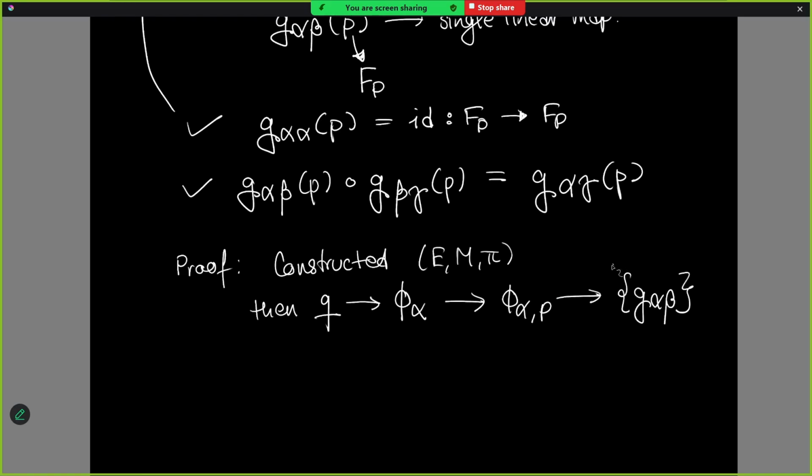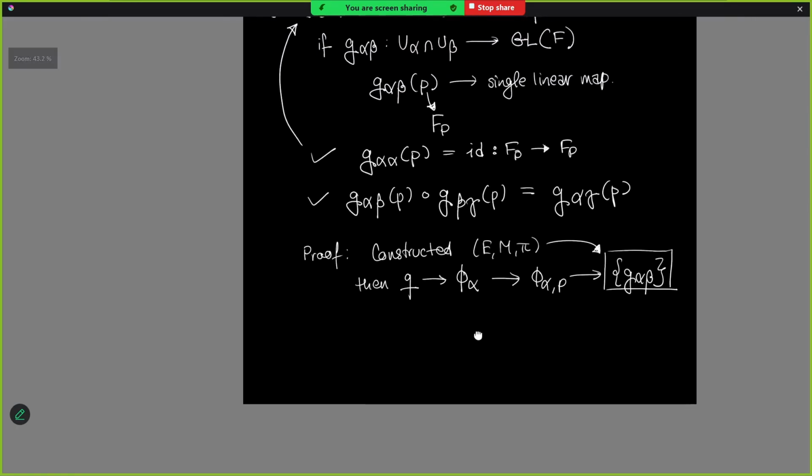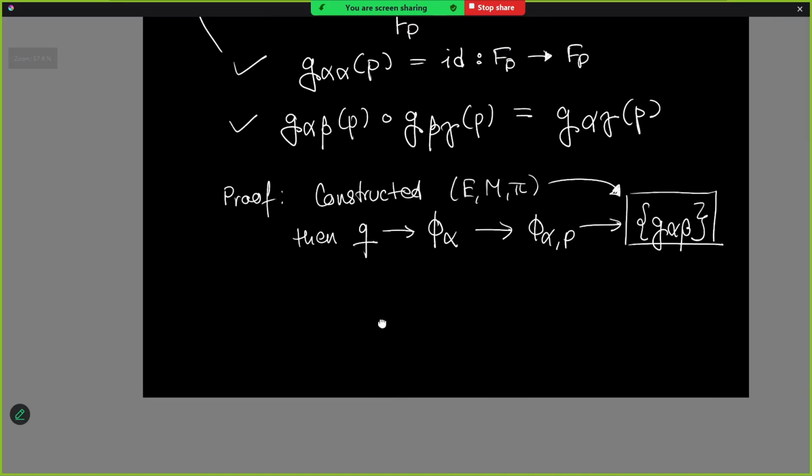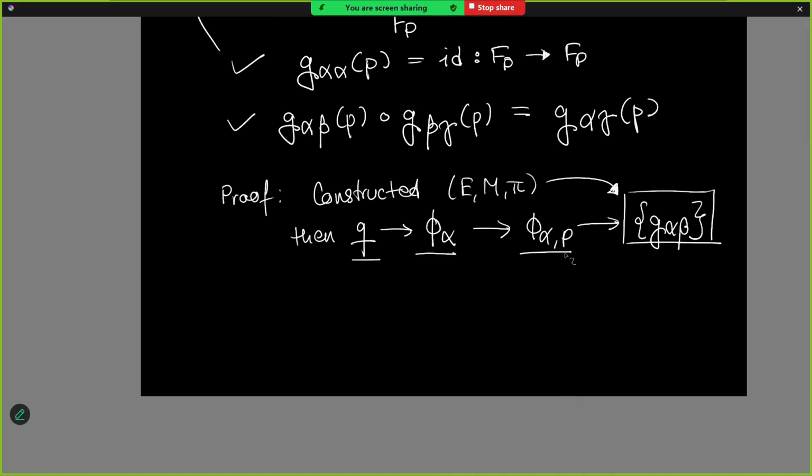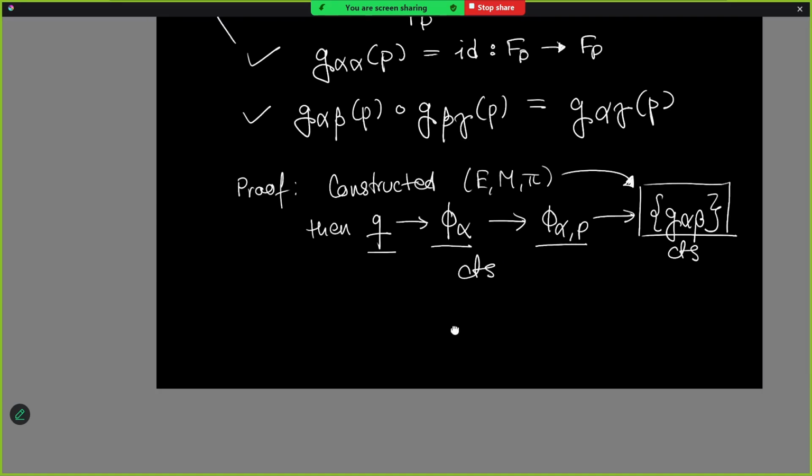Without this G alpha beta, if you go back to our definition of what a vector bundle is, this thing will not be a vector bundle. So that's how we proved that it was a vector bundle. There were lots of steps in proving that all of these things were continuous, because this had to be a set of continuous maps.